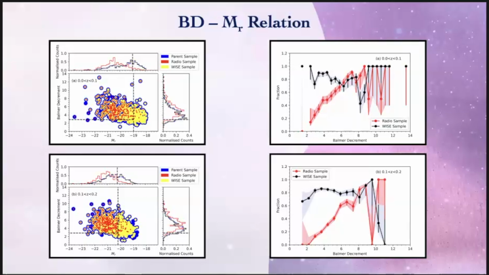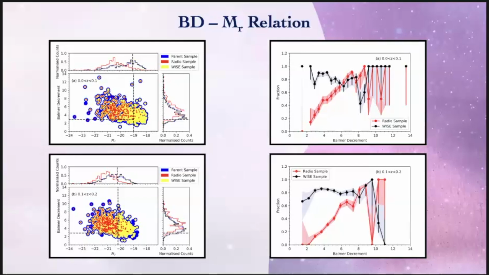So that's the plot. And even though I've constructed 4 volume-limited samples that I've shown in my previous slide, I'm showing the two redshift bins here and in the rest of my slides, because it's more visually apparent in the two redshift bins.